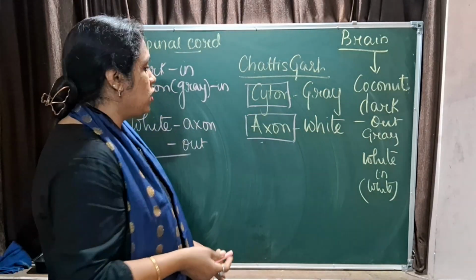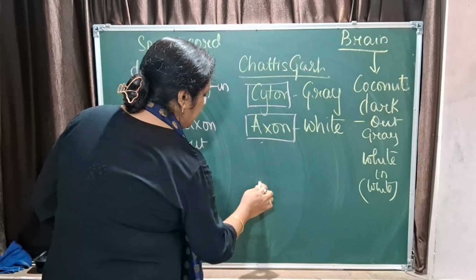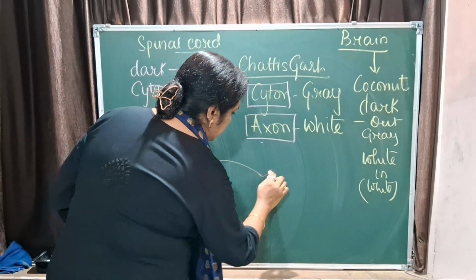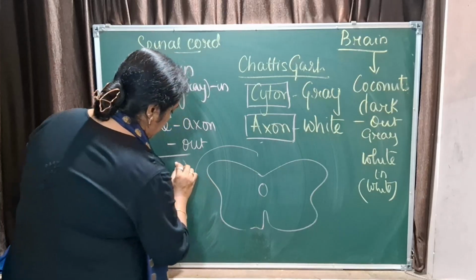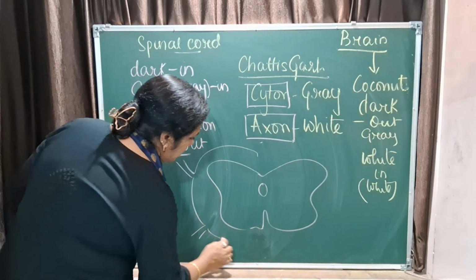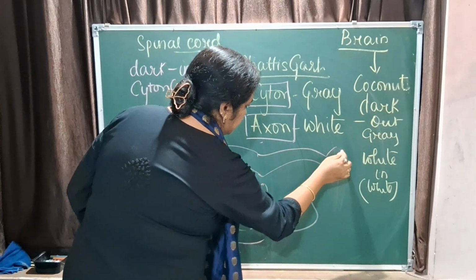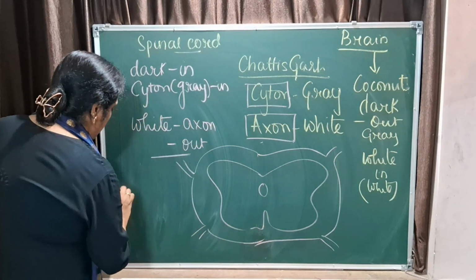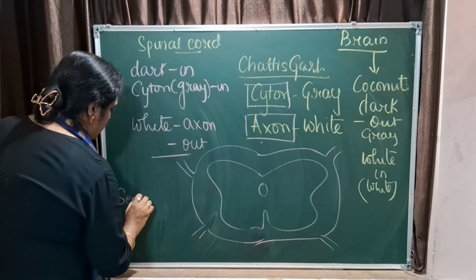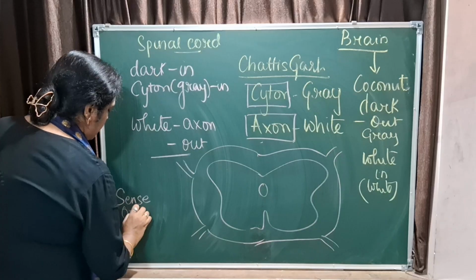Is this clear? So when you talk about your spinal cord, it's a kind of a butterfly structure, right? And you have the neurons. So what happens here, you have the sensory organs, that is your receptors.